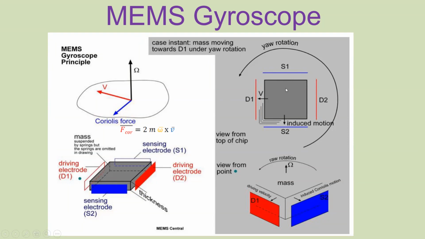So when you take the cross product between omega and v, omega is out of the screen towards this v. From the right hand rule, you can see the induced Coriolis force will be in this direction, so the mass will move in this direction.